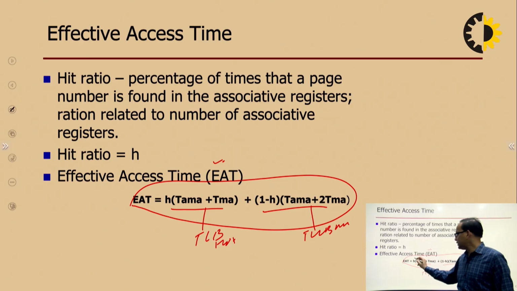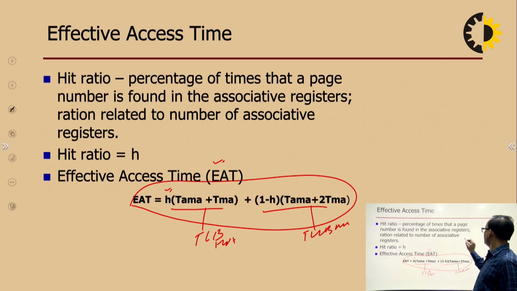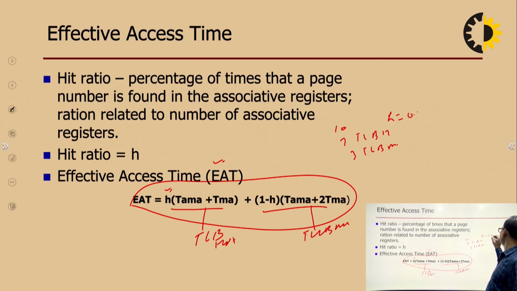H is the hit ratio. Suppose the CPU generated the logical address 10 times, and 7 times there is a TLB hit and 3 times a TLB miss, then the hit ratio H will be 0.7, or 70%.